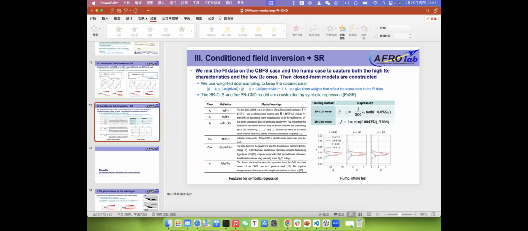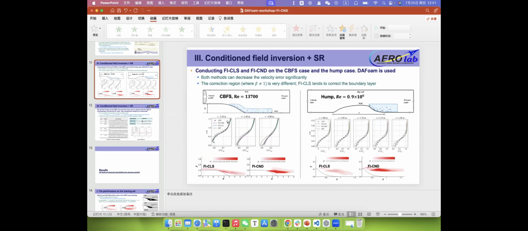Okay. Other questions? Yes, I have a question. When you train the beta field, do you train the entire field or only extract beta where it actually changes? In fact, I extract the entire field and then I do something like downsampling. I preserve all the cells that have a beta larger than, for example, 1.05.